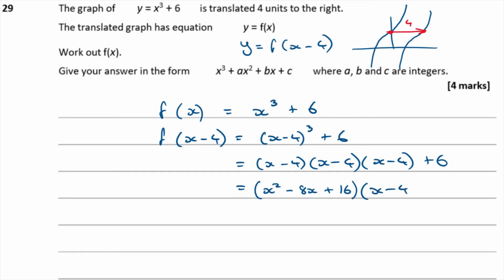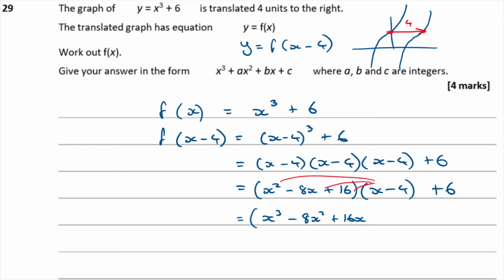Times by x minus 4, plus 6. Okay. Now we're going to do some more multiplying. I'm going to multiply everything by x, and then I'm going to multiply everything by minus 4. So multiplying everything by x first, I'm going to get x cubed minus 8x squared plus 16x.